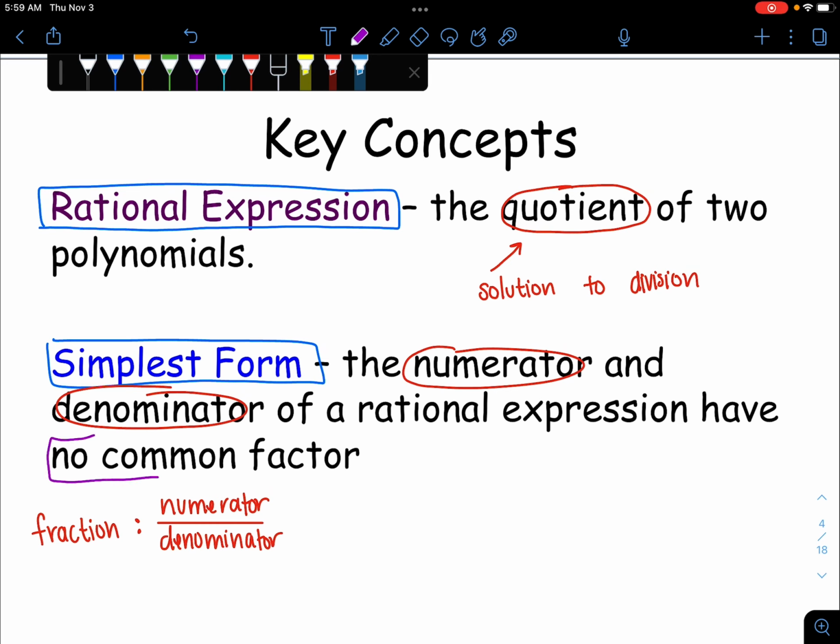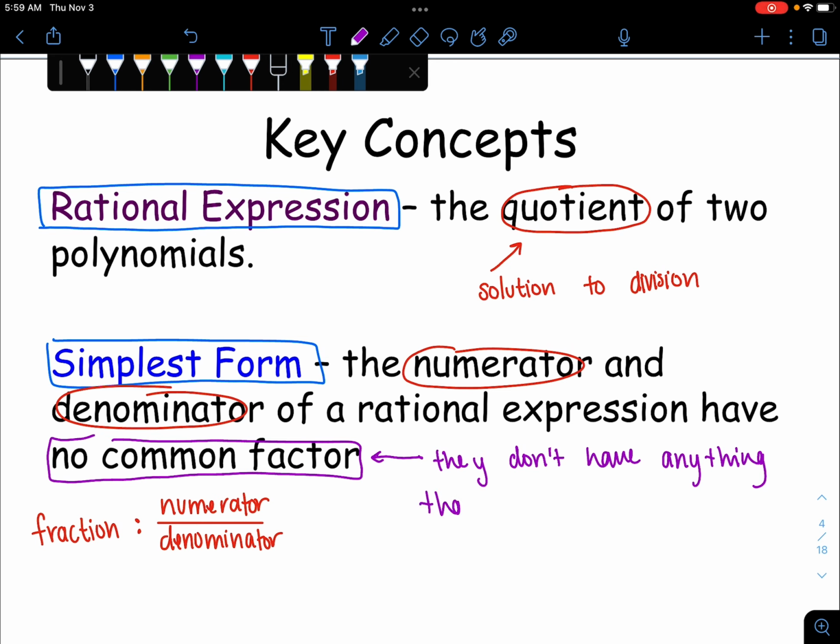No common factor means they don't have anything that's the same. Okay, so no common factor. So the numerator and denominator do not have a common factor.